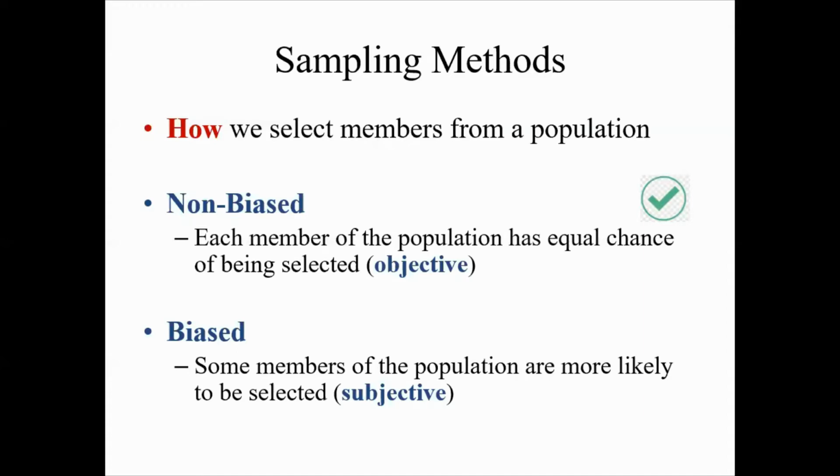And I was going to do a little grab bag exercise with you guys. So I'm just going to get my little grab bag so I can show you, apart from the screen, how we can get some stuff done. So we have the non-biased where every single member of the population has an equal chance, and the biased is where some of the members are more likely to be selected. Let's continue.